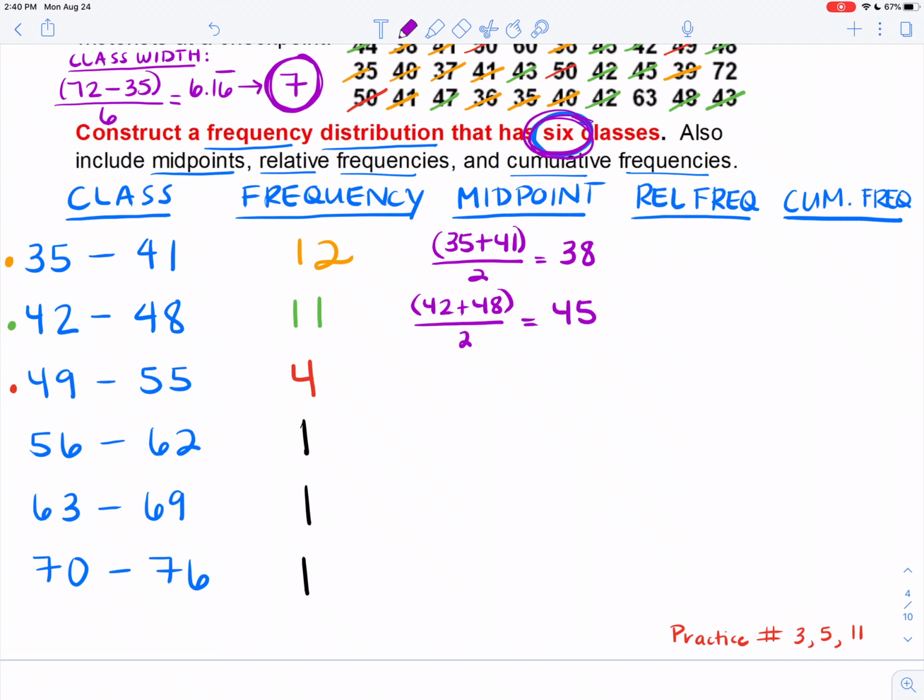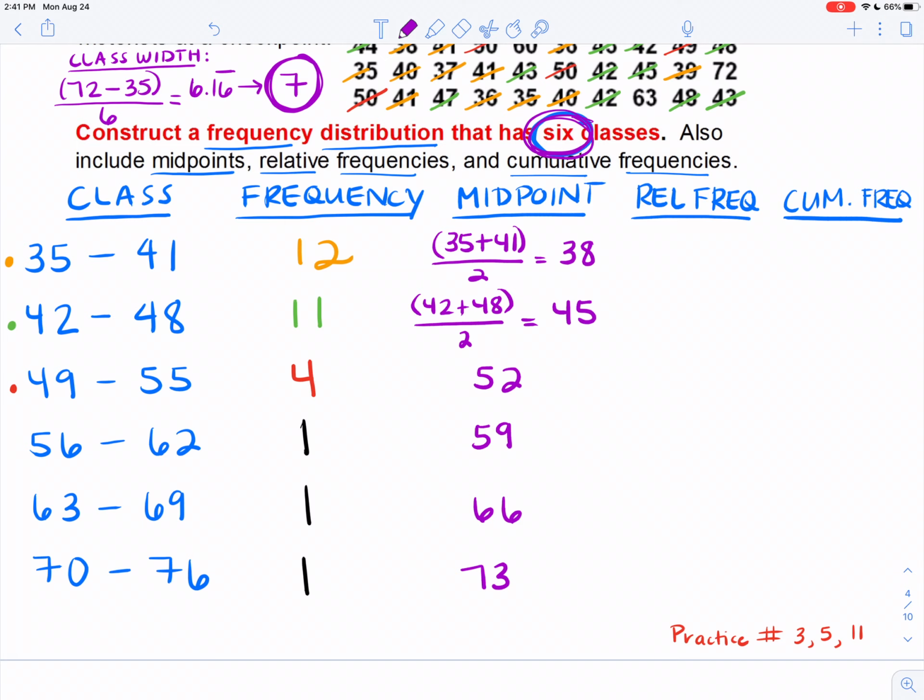So a shortcut is, once I've found one, I can just start adding the class width. From 38, I go to 45. Add 7, this next midpoint will be 52. Add 7, I'll be at 59, 66, and 73. And notice these are the values that are halfway in between the lower and the upper limit for each class. All right, now we'll come back to those. We're going to use those when we start graphing in just a few minutes.